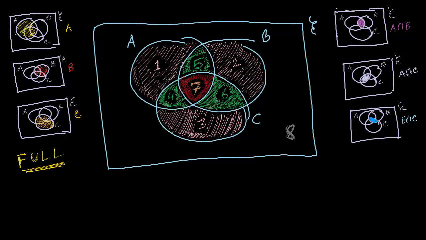Now A is made up of 1, 4, 5, 7. So this region A is made up of 4 separate regions, 1, 4, 5, 7. And similarly B is also made up of 4 separate regions. B is made up of 2, 5, 6, 7, and so on. So these are the full sets.